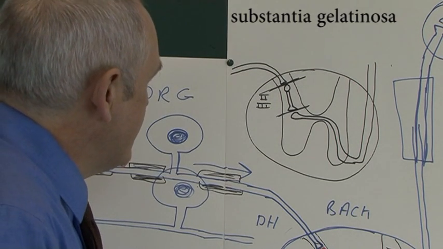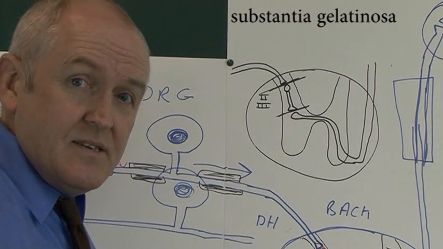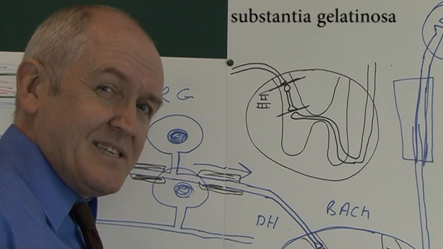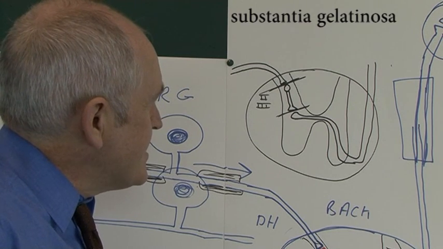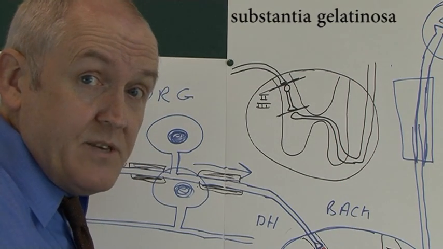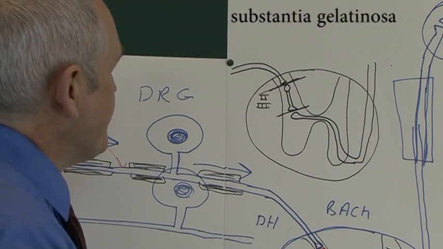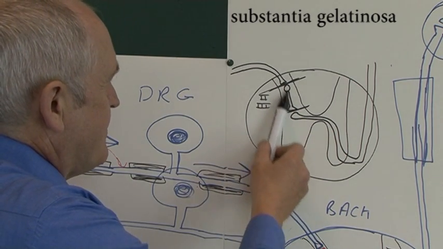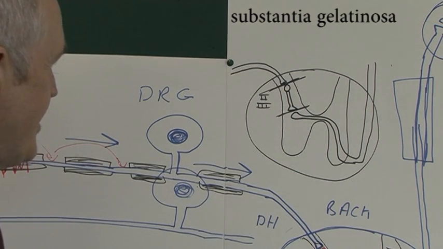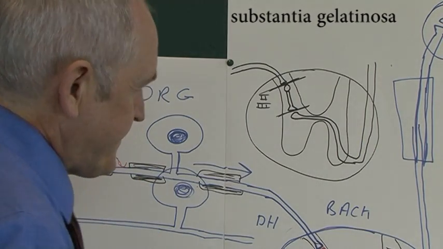The layers in the dorsal horn. Now the reason it's called the substantia gelatinosa is the tissue histologically looks gelatinous. And this is quite important because it's got these extra synapses in. And we'll see why this is important when we look at descending inhibition of pain. So the C fibres have interneurons and synapses in lamina layers 2 and 3 of the spinal cord, the substantia gelatinosa. But then it goes on up to the brain as before.